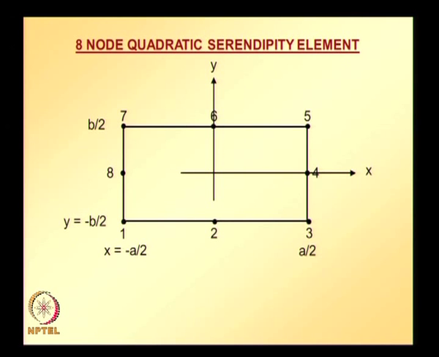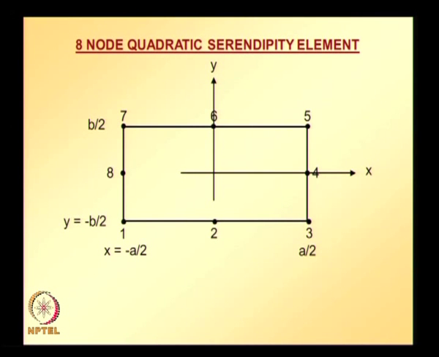So it is called the 8 node quadratic serendipity element, and the xy axes are indicated in the figure, and based on the information given in the figure we can easily figure out the x y coordinates of each of the nodes. If you compare this element with the 9 node element that we have just seen, you can notice that only the middle interior node, which is the 9th node, is missing. That is the only difference.